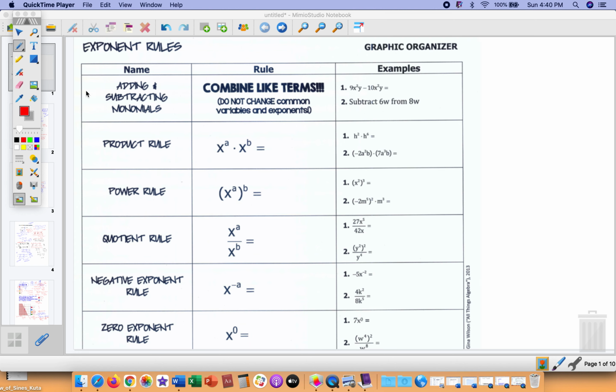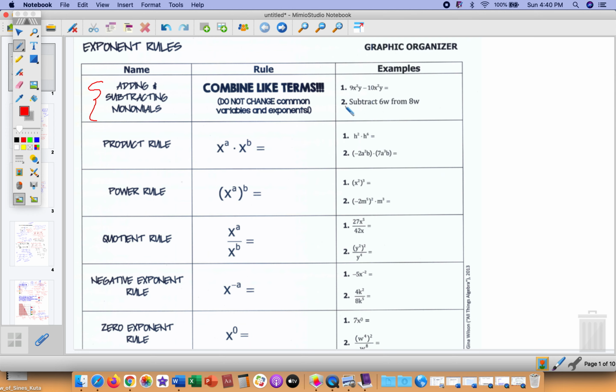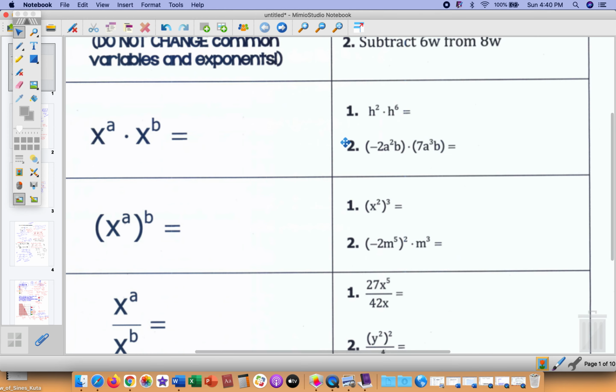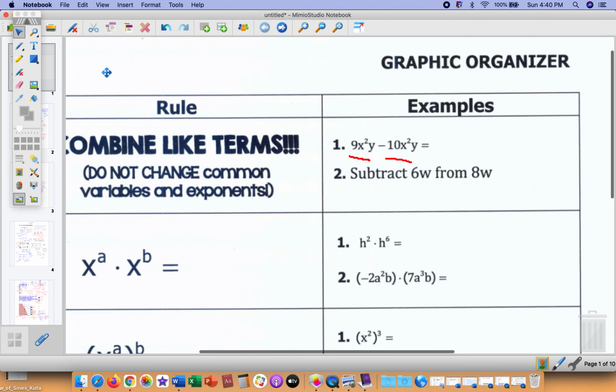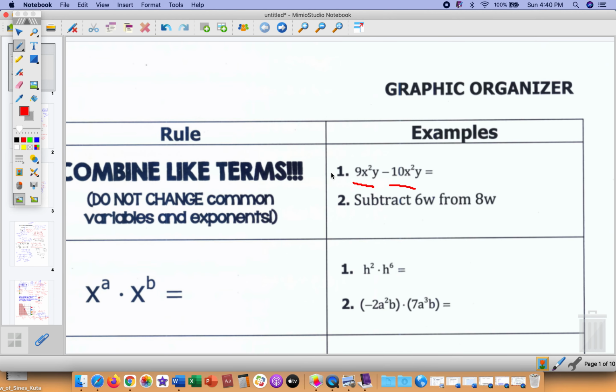Exponent rules. First, let's look at adding and subtracting monomials. If we look over here, we have 9x squared y minus 10x squared y. Those are both like terms because I see x squared times y, and over here I have x to the second power times y.